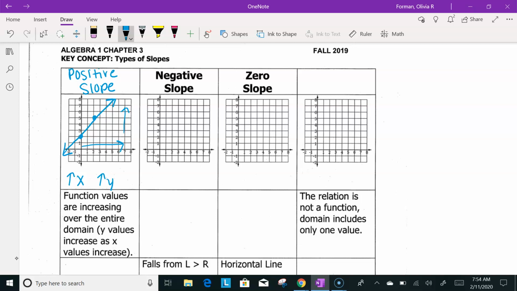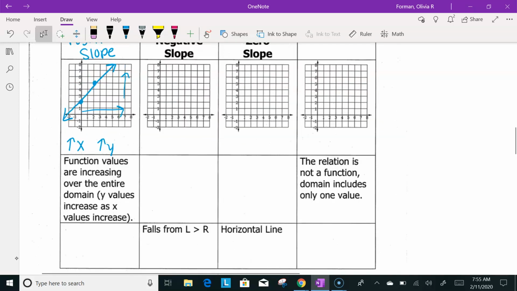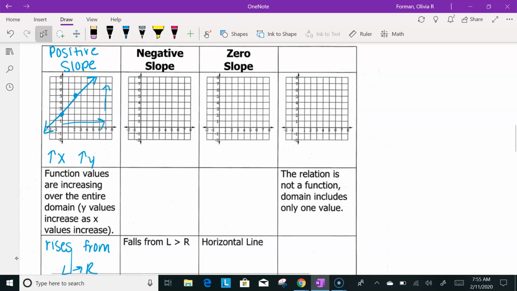So x values get larger, y values get larger. We describe that as rising, so it rises from left to right. So that's positive slope. Your x's are increasing, your y's are increasing.